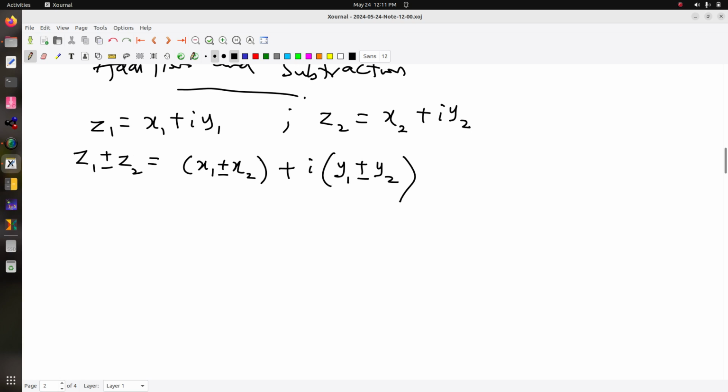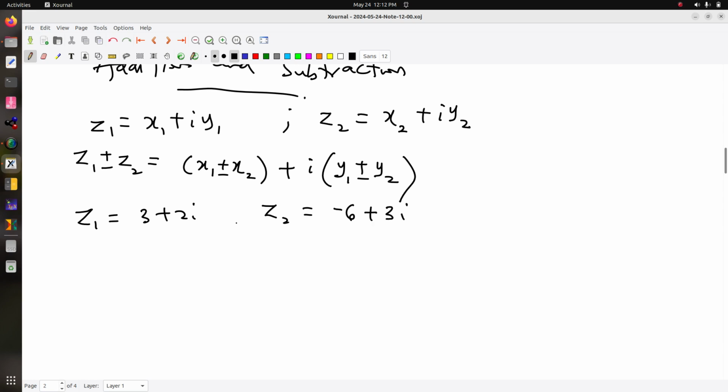And if it is subtraction, z1 minus z2, you choose x1 minus x2 plus i into bracket y1 minus y2.